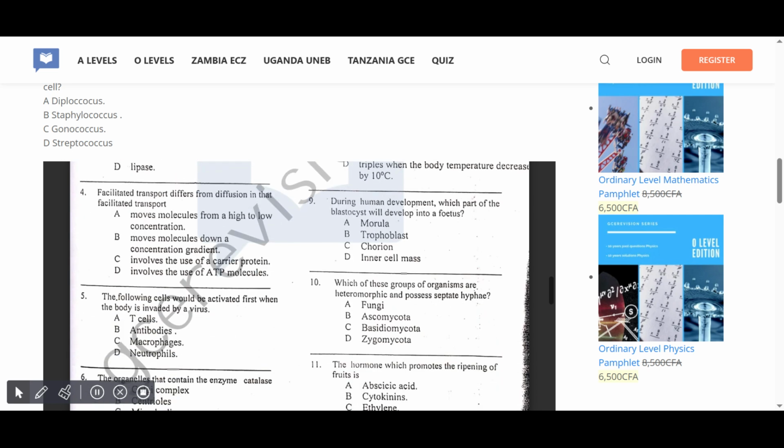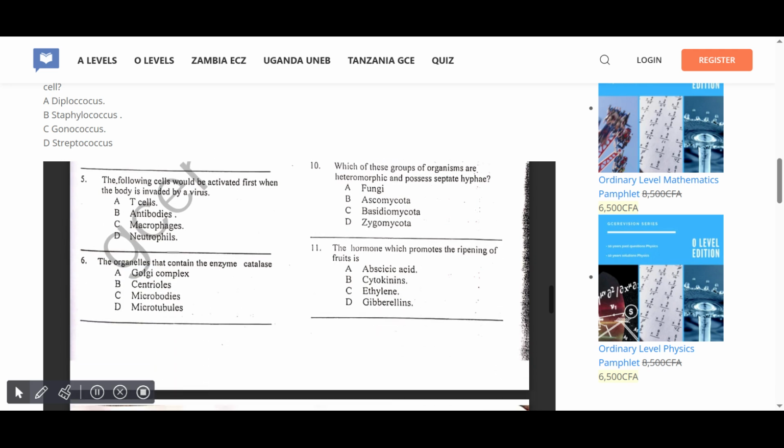Question 10, which of these groups of organisms are heteromorphic and possess separate hyphae? The answer is B. Question 11.